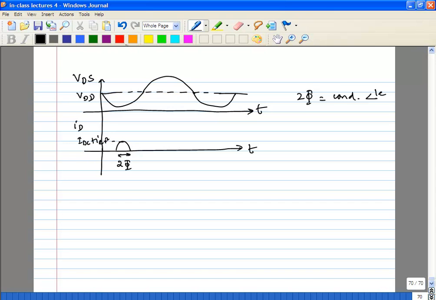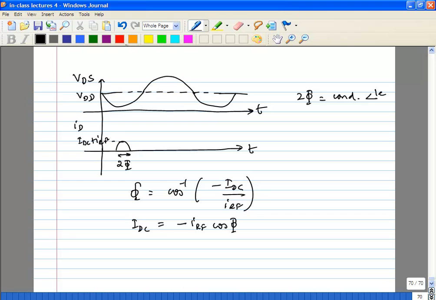Now for an arbitrary conduction angle, you can find expressions for your DC current, for your power and so on. It happens to be some function of phi. Your so-called bias current is the offset current. Earlier we assumed IDC plus IRF sin omega naught t.